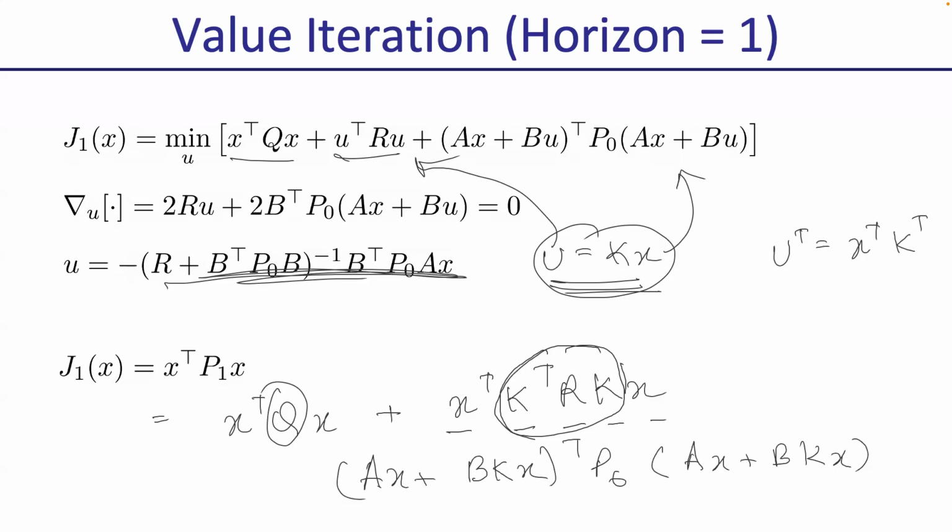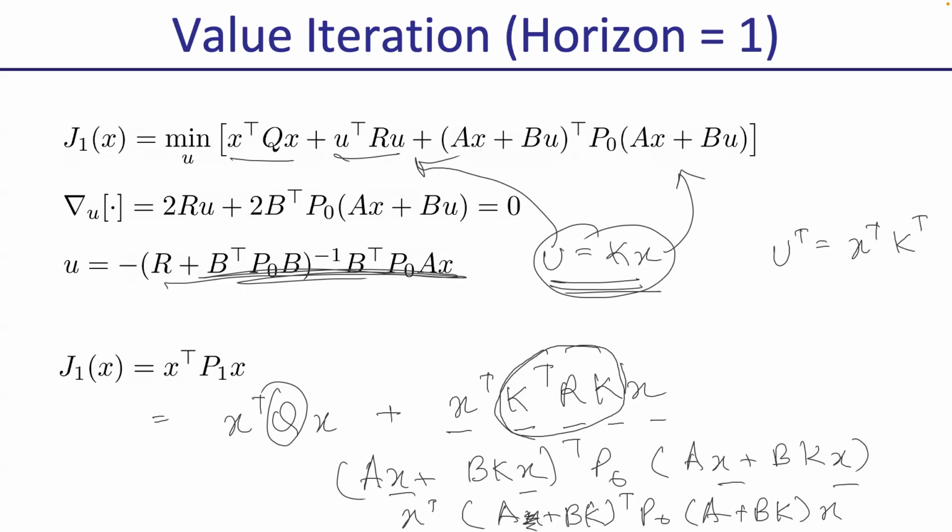So you can take x out common from both of these sides, and you can still get something that looks quadratic. So you can say this is going to be x transpose of (A plus BK) transpose times P naught of (A plus BK) times x. So it's still a quadratic. It's a quadratic on this complex looking thing.